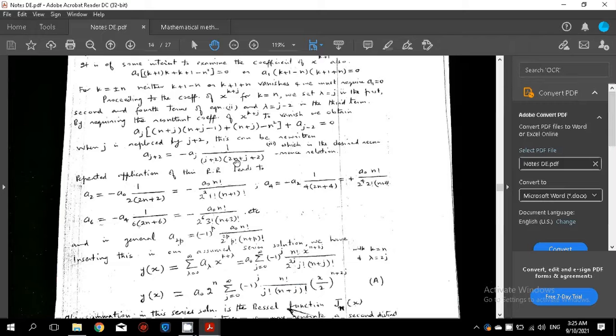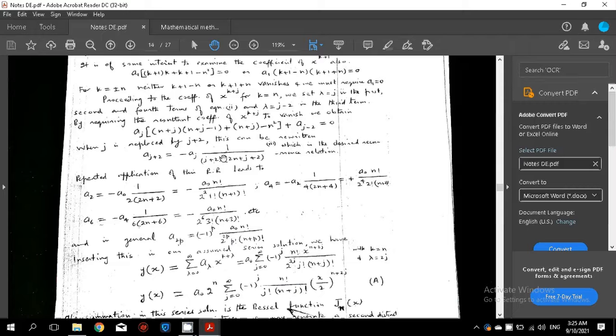So if n is an integer, then somewhere we will have this term equal to 0. What happens when this term is 0? Obviously, this is an indeterminate coefficient, so it becomes infinity. It means that the coefficient blows up, and therefore we will not be able to get the second solution corresponding to k equal to minus n.